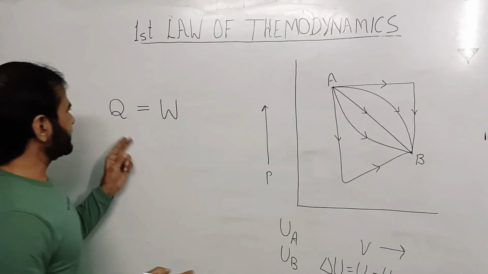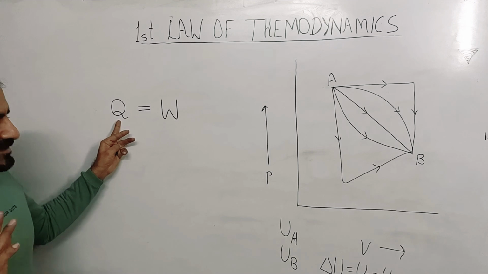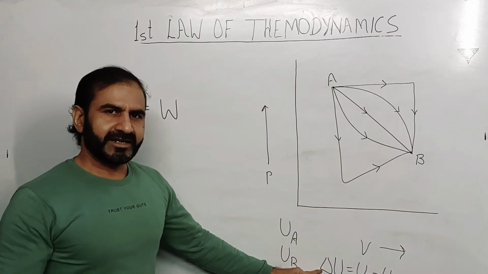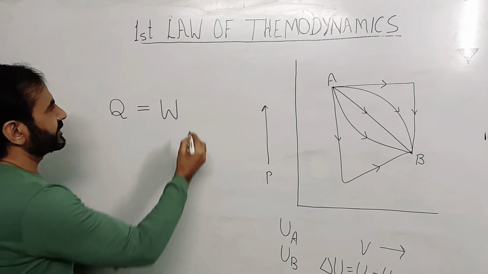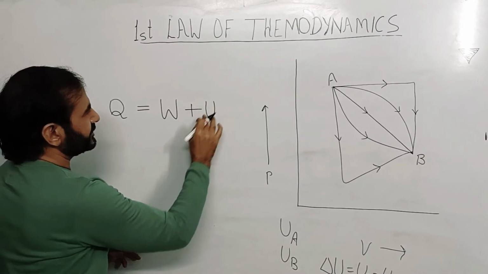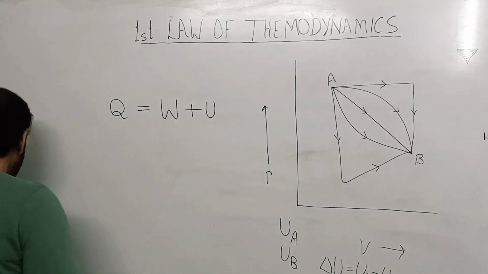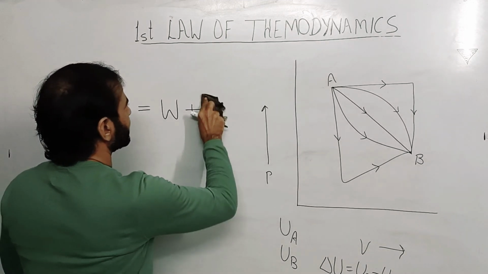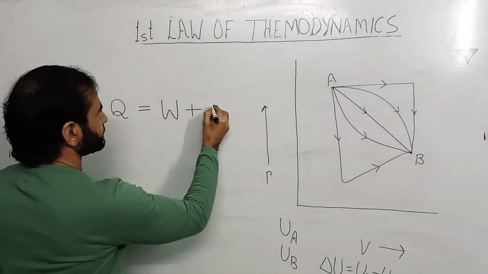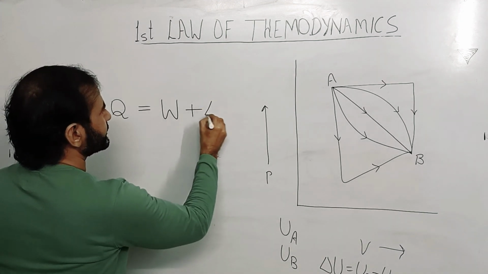Here I am saying that heat is given to the system. That's why I am saying that the remaining part is used in increasing the internal energy. Okay. So it's simple.